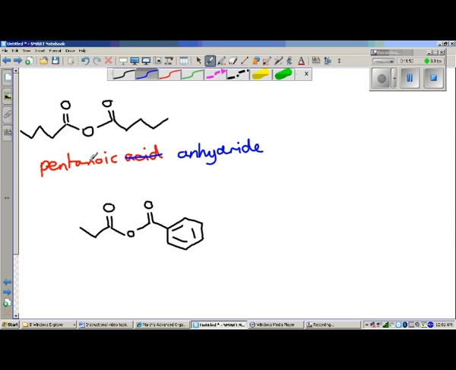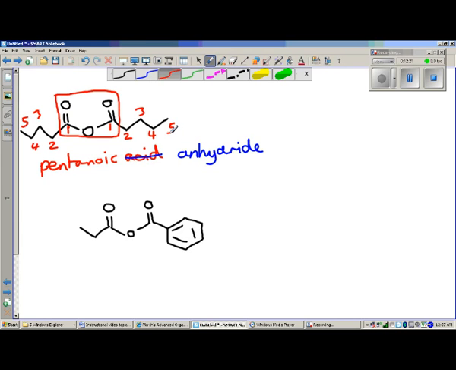So there's no need for di or anything. Pentanoic anhydride means an anhydride group with 5 carbons coming off the central oxygen in each case. You always want to count the carbonyl carbon here. 1, 2, 3, 4, 5. And it's exactly the same the other way. 1, 2, 3, 4, 5.